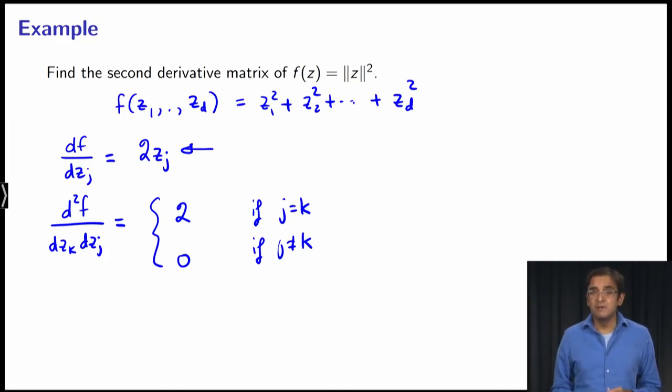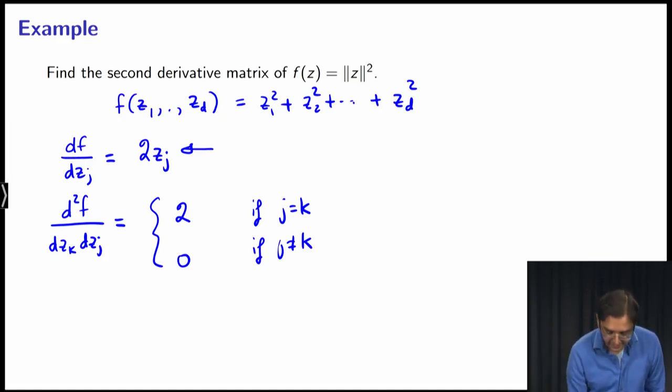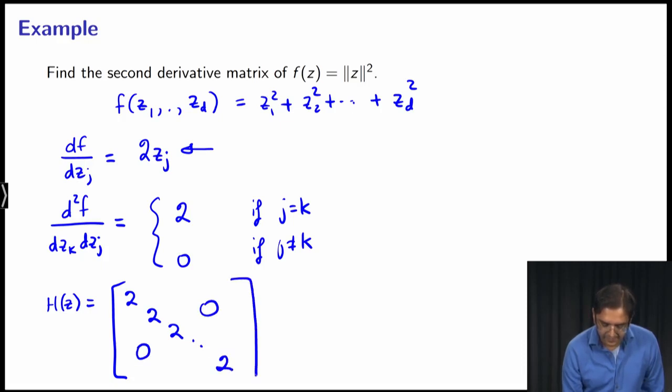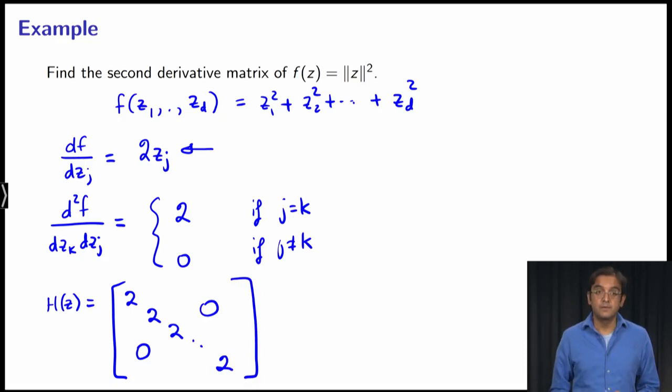So the second derivative matrix in this case is a diagonal matrix. The second derivative matrix at a point z looks like this: along the diagonal, it has 2's, and everywhere else, it's 0. A concise way of writing this is to say that it's twice the identity matrix.